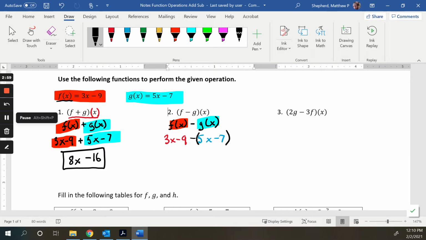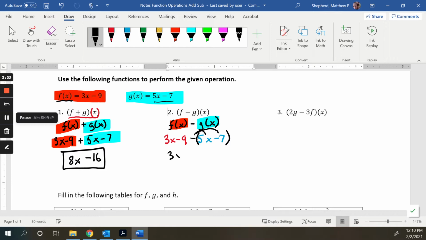The reason I'm doing that is I was subtracting all of g of x. Now, g of x had two things in it. If I don't put those parentheses, it looks like I'm just subtracting 5x, when really I should be subtracting everything inside of g of x.